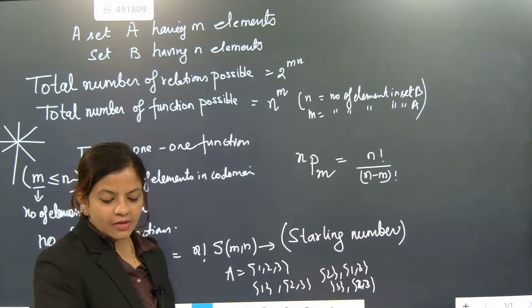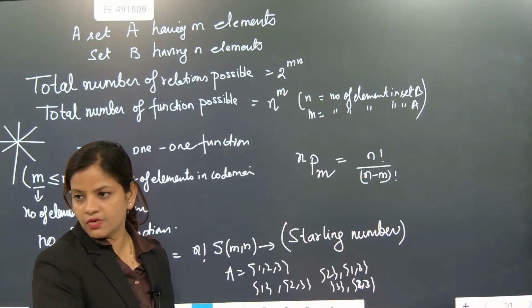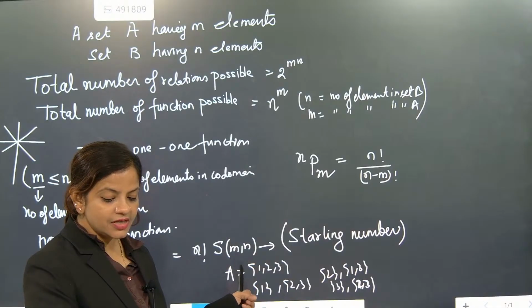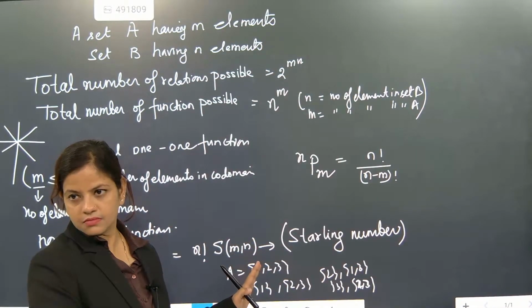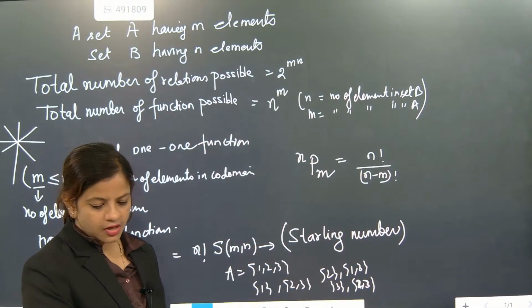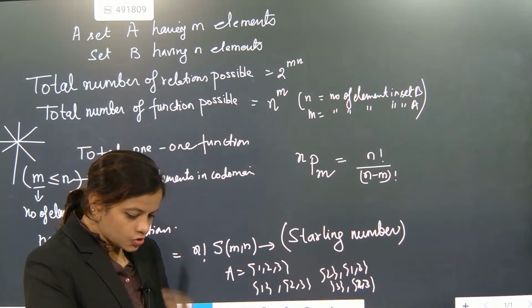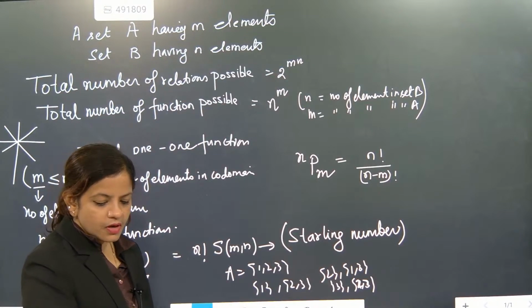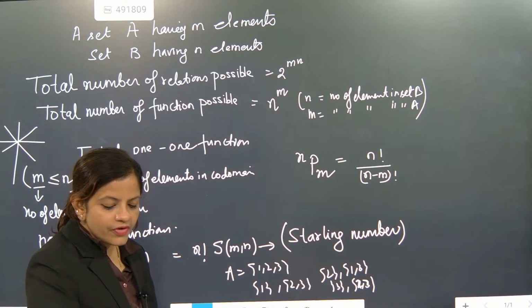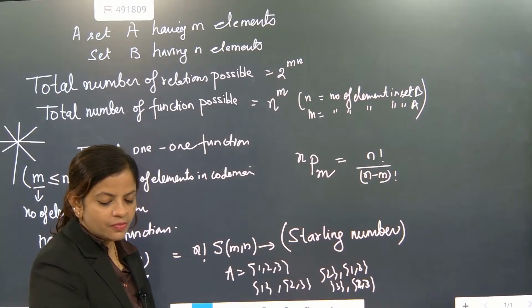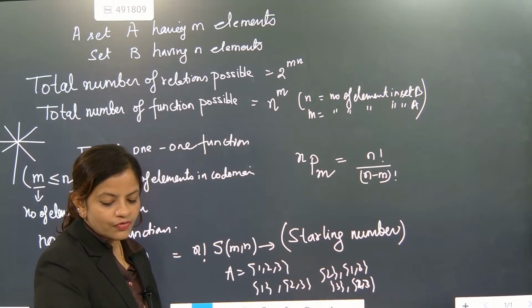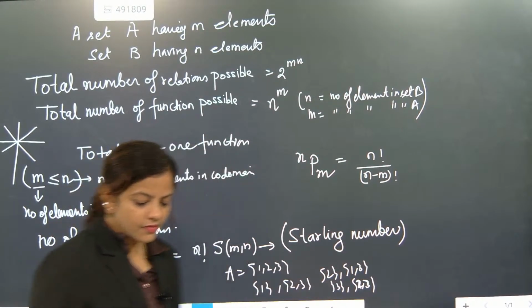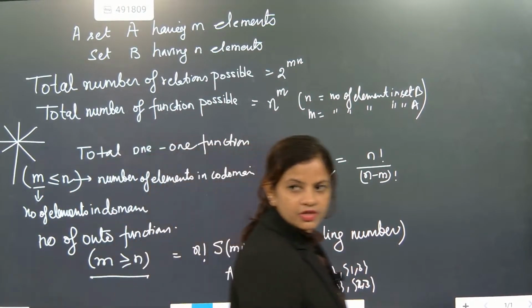If 3 elements are there in a set, then the Stirling number possibilities are 3 only. Stirling numbers depend on how many elements there are. Another formula is there, but we will not be doing it. The number of onto functions, they will not ask. So now we are going to go for the next one.